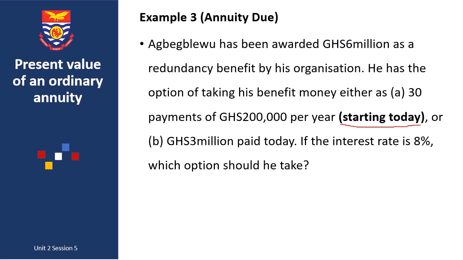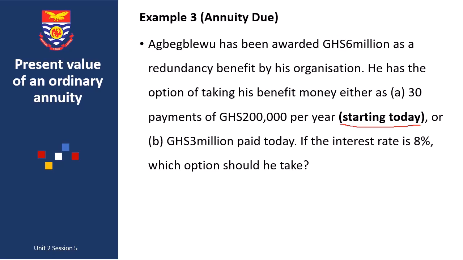So as I explained in the previous example, you have to convert the 30 payments occurring per year. So 30 by 1 is what? 30 years. So N is 30. Our rate required is 8%. And the A is what? 200,000. That's the annual payment.